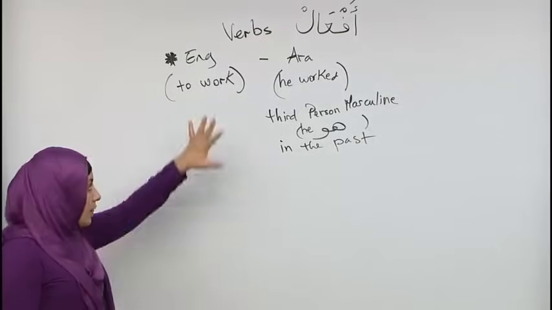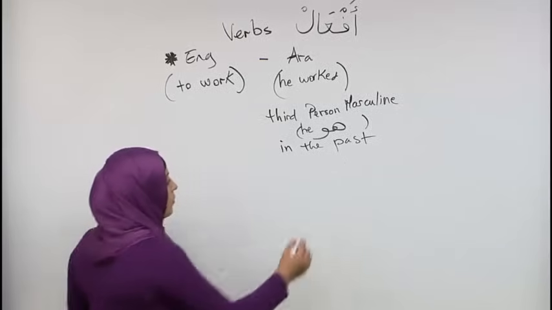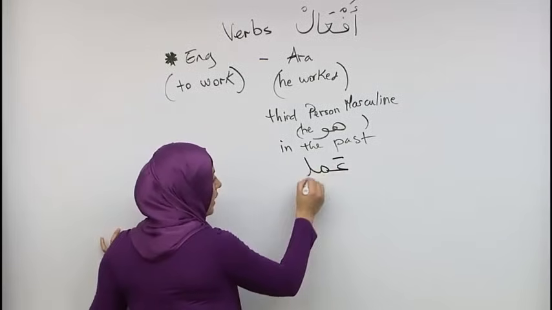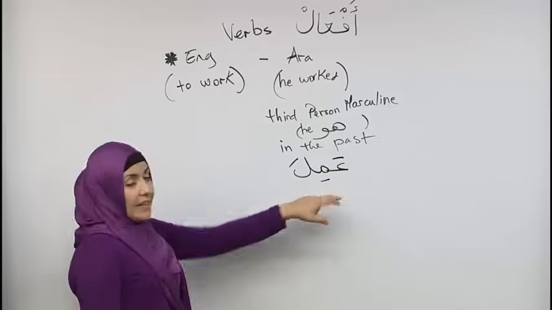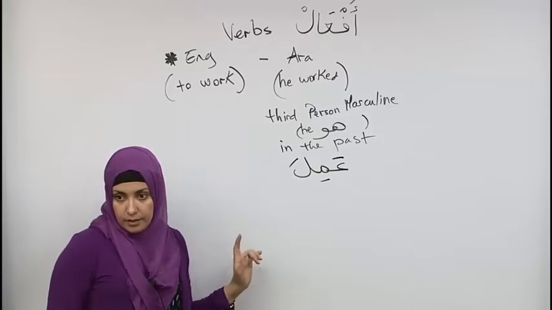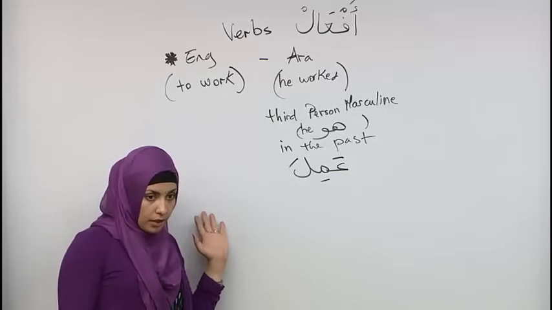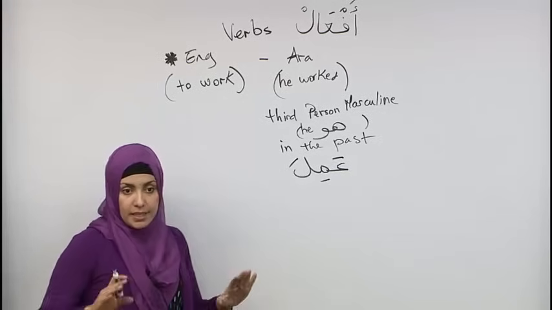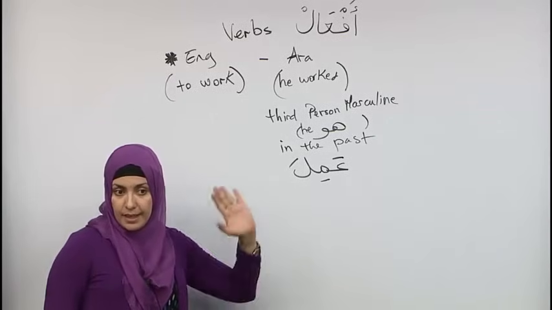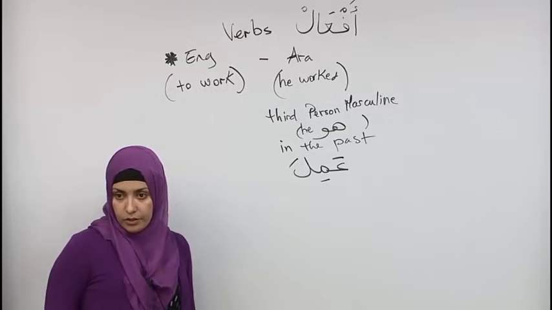Okay? And that would be, for example, amila. That is easier to conjugate. Why? Because conjugation in Arabic, as we're going to explore in a little bit, takes different beginnings and endings, prefixes and suffixes.